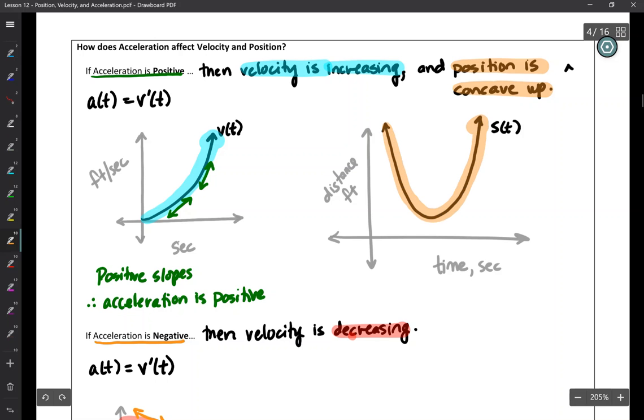When looking at this curve, can we see increasing velocities? If we can see increasing velocities, we know that their rate of change, acceleration, is positive. So where do I see velocity when I'm looking at the graph of the position function? Velocity is the slope of the tangent line to the position function. It's the derivative of position.